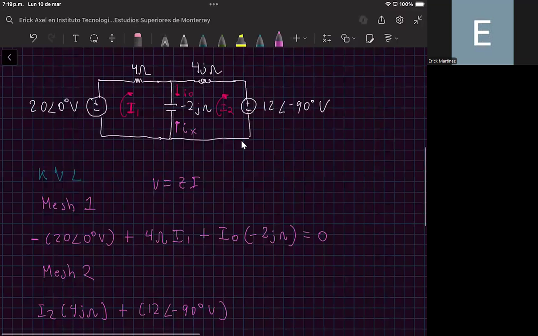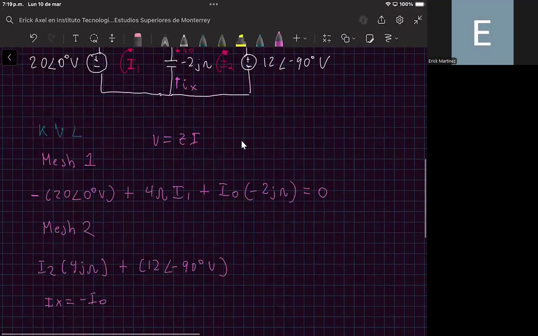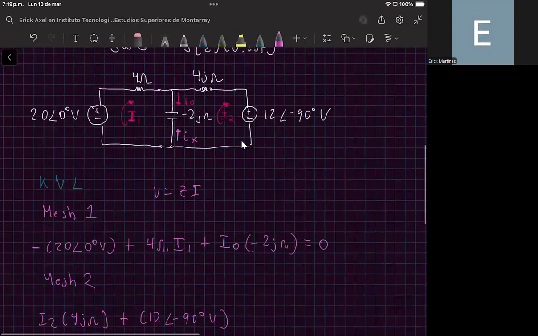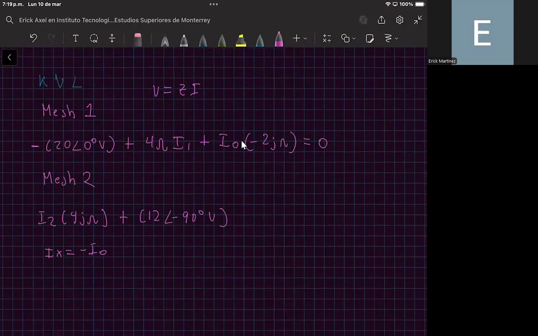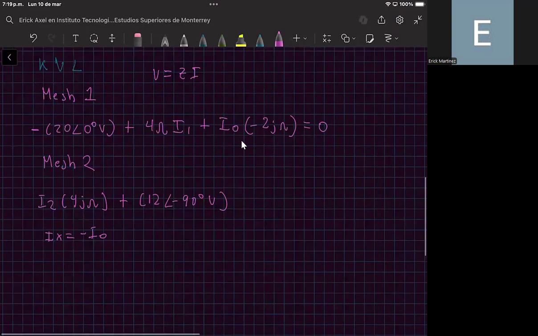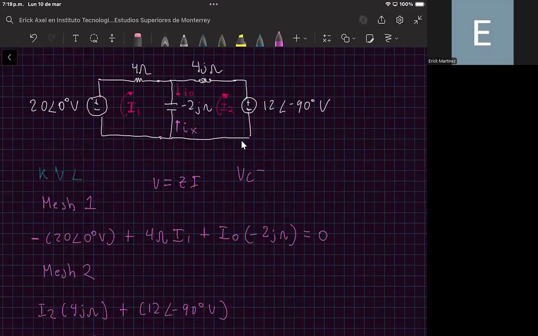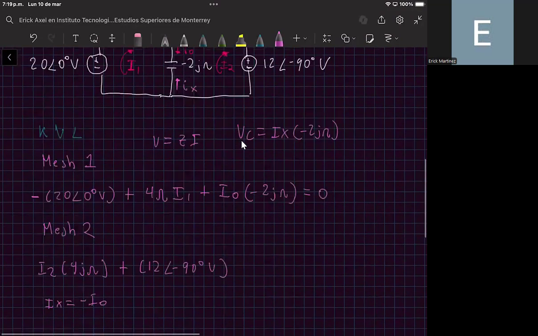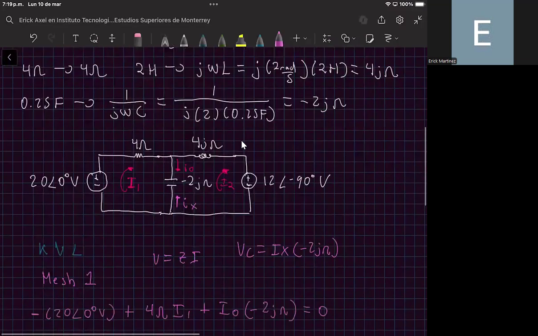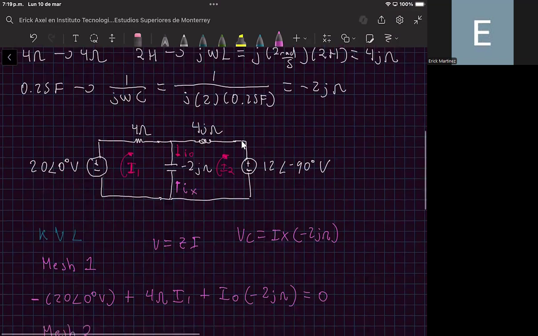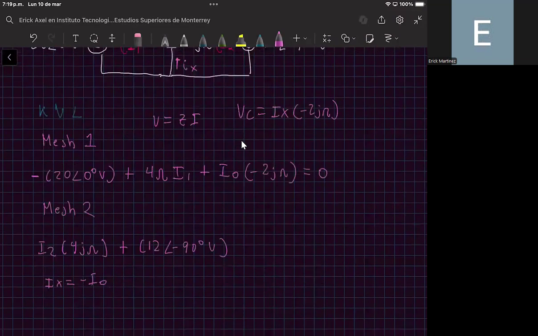Okay? So we can say that the voltage in this capacitor should be equal to Ix times the impedance, that is minus 2J ohms, okay? But we know that Ix is equal to minus I sub 0.